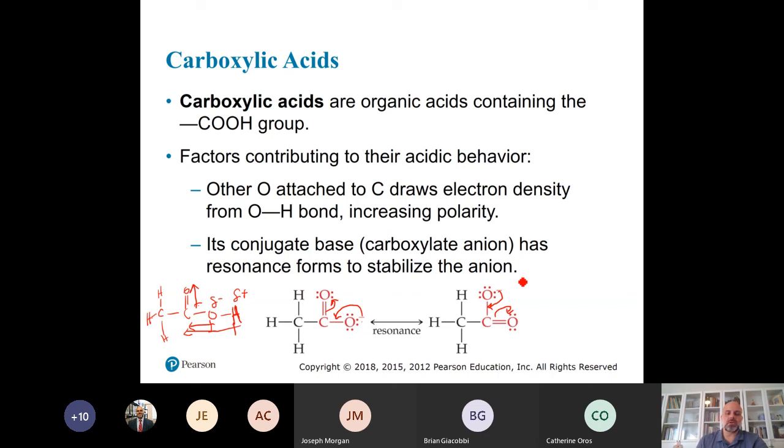The minerals are frequently carried around as the salt forms of these carboxylic acids. Vitamin C, just to name one, is one of the carboxylic acids that we talk about. Citric acid is out there. So quite a number of carboxylic acids.